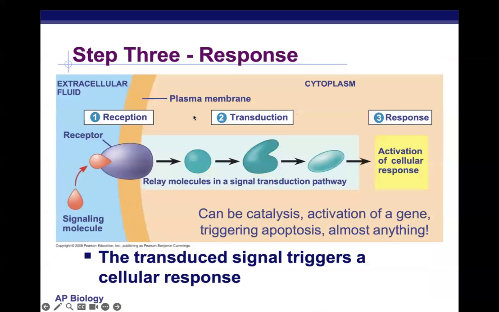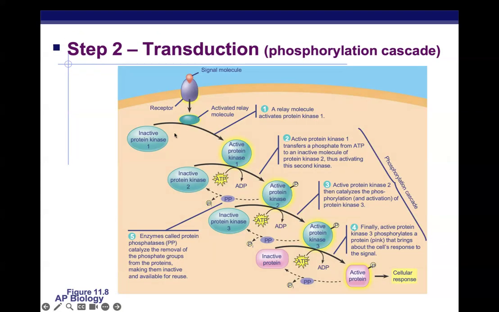And this relay molecule will in turn activate what's called here an inactive protein kinase. A protein kinase is a class of enzymes that phosphorylate something. It adds a phosphate group to something. So this activated relay molecule activates a protein kinase, right?